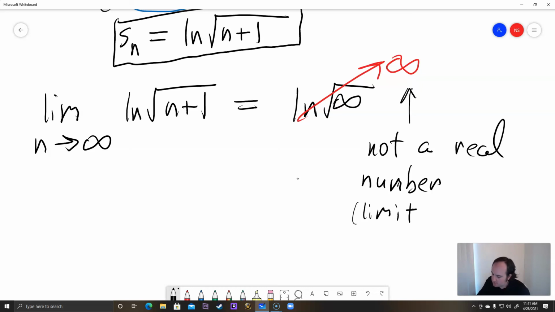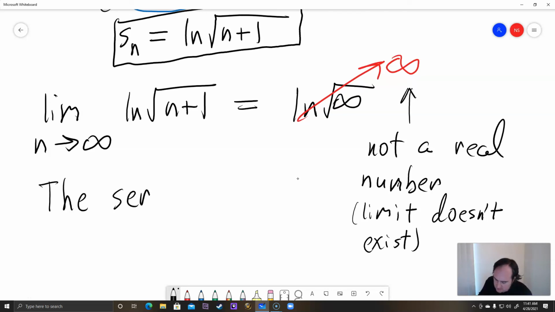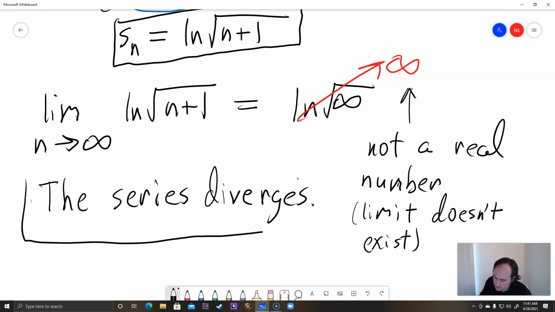It's not actually a number. So the limit doesn't exist because the value of the limit is actually infinity. So what that means is the series diverges. So that's all we have to say. We just say the series diverges because the limit as n goes to infinity of s sub n does not exist.